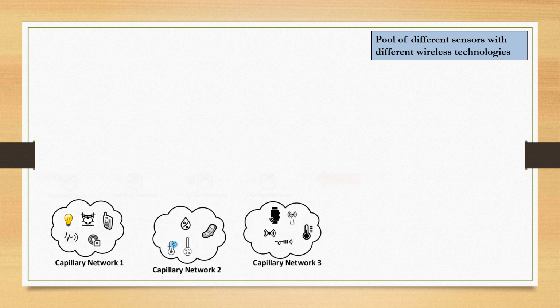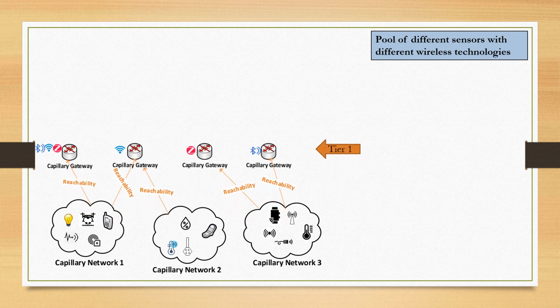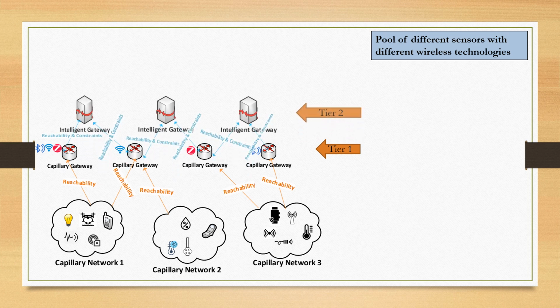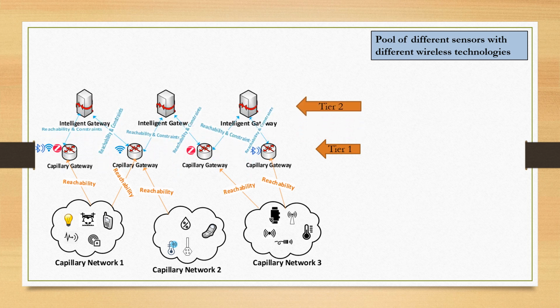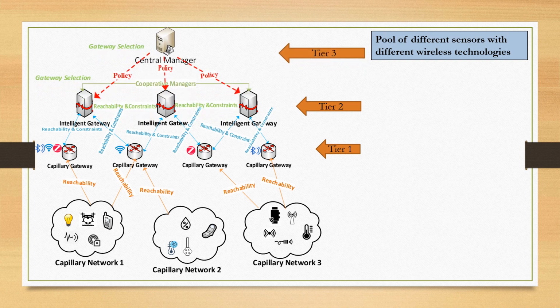And these sensors would be connected with the capillary gateways, and this is the first tier of our proposed framework, which is responsible for collecting the data from the sensor nodes and then announcing to tier 2 gateways the type of data that it will collect. Of course, this type of data will be according to the central manager, which is responsible for the policy.